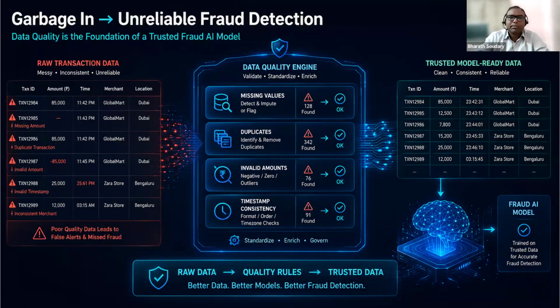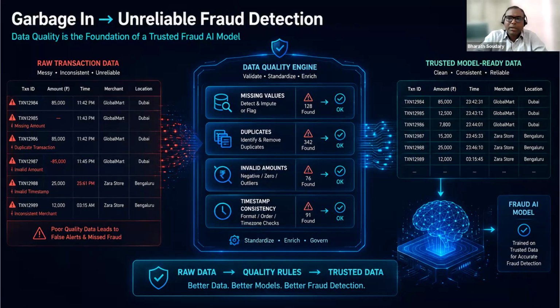This slide shows the data quality engine. The important checks: one is missing values. For example, a transaction has an amount of 50,000, but the merchant is missing and the location is missing. So the system needs to determine how to handle this.